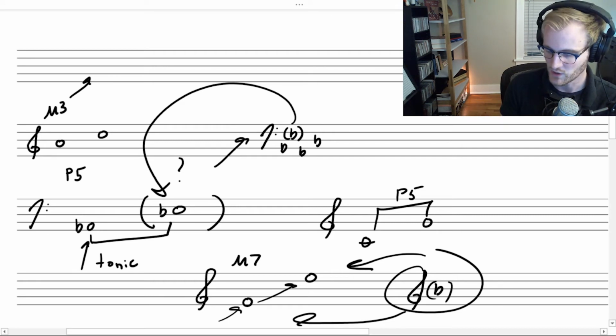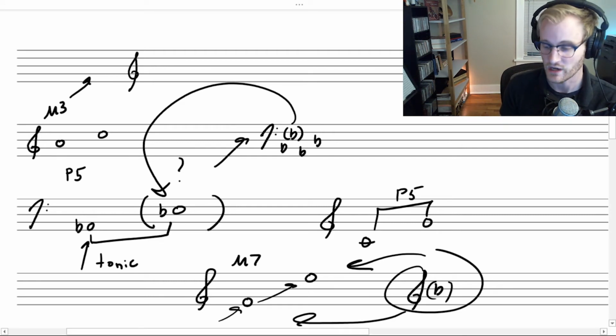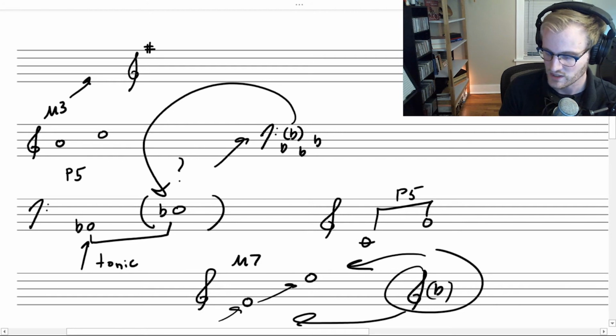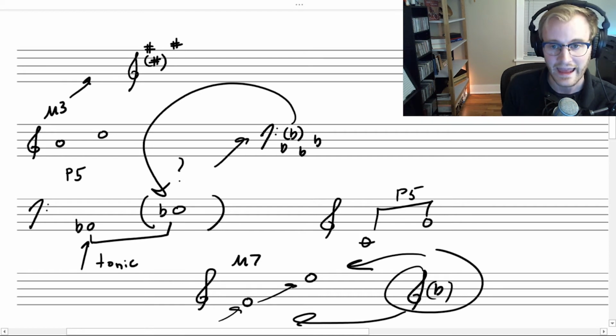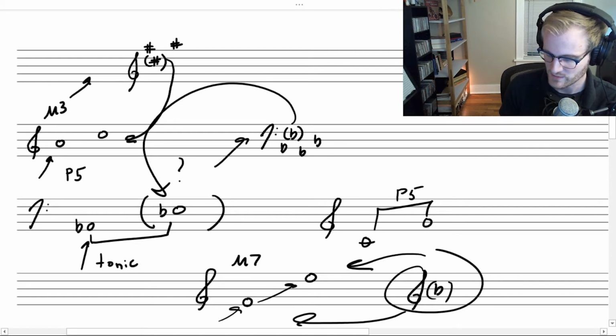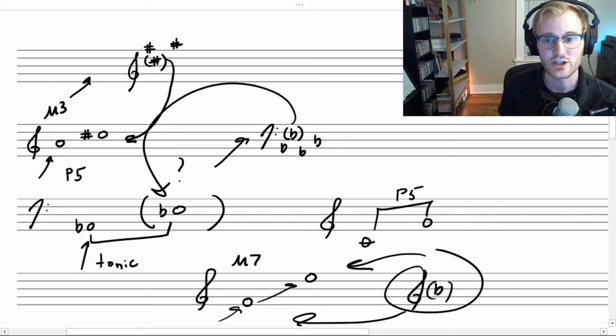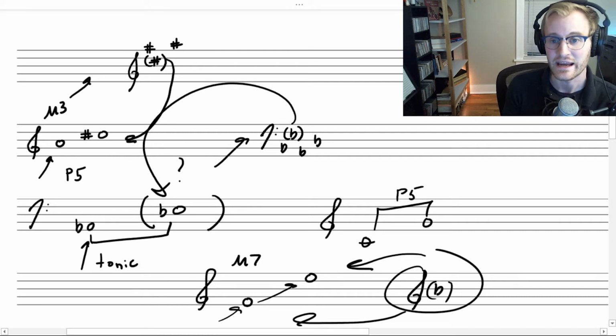Now I ask myself, well, what is the key signature of A major? And you might remember that it has 3 sharps, F, C, and G. And if I have F, C, and G sharp in A, and we're pretending that A is my temporary tonic, well, we would have to bring that C sharp down and make it A to C sharp, and that would give us a major 3rd.